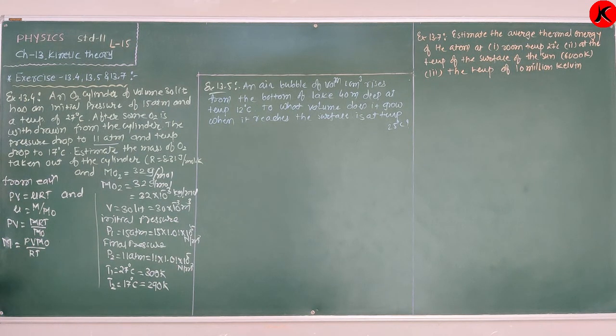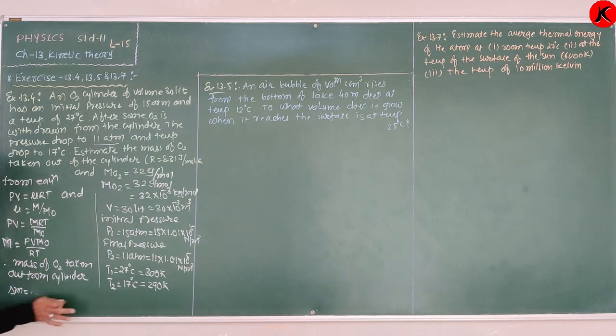Therefore, the mass of oxygen taken out from the cylinder, delta M, is equal to M1 minus M2, initial mass minus final mass.